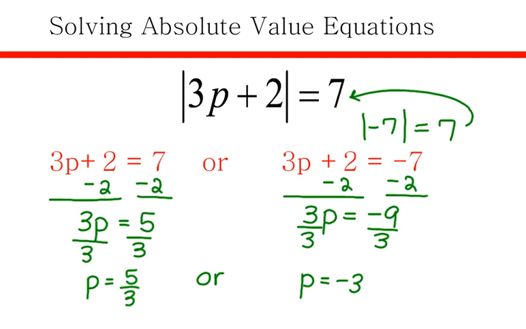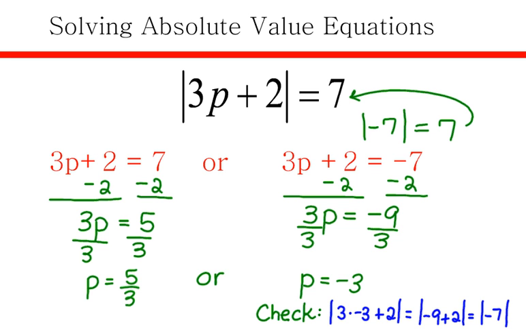And it's a good idea to double check that. So if I check, we have the absolute value of 3 times negative 3 plus 2. That's the absolute value of negative 9 plus 2, which is the absolute value of negative 7, which indeed is the 7 that I want it to be.